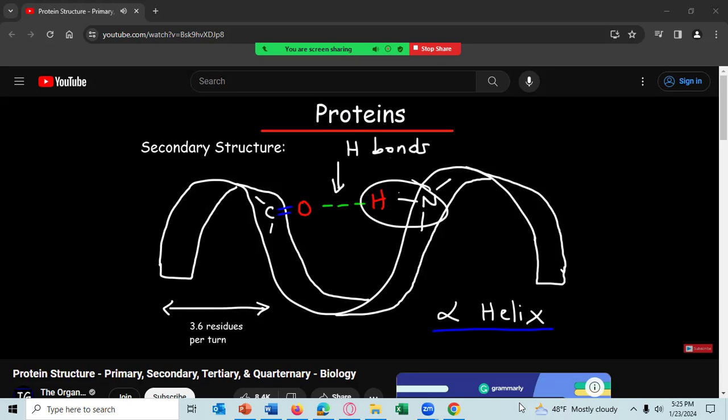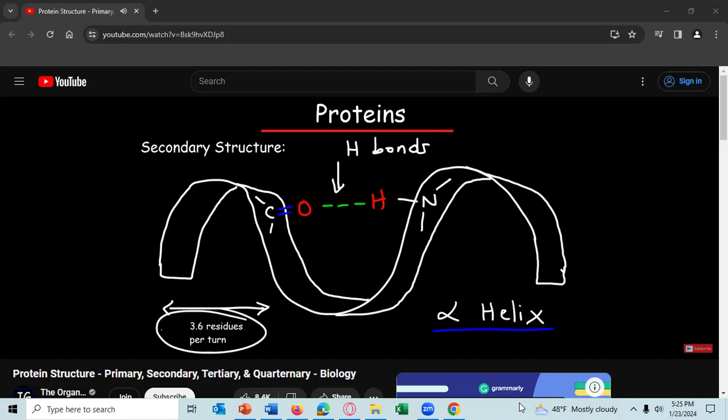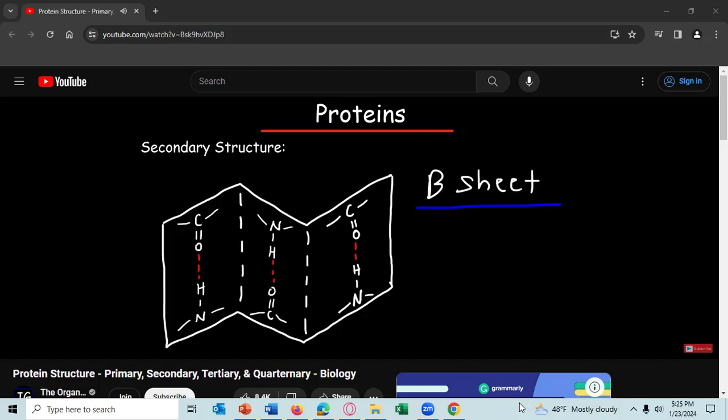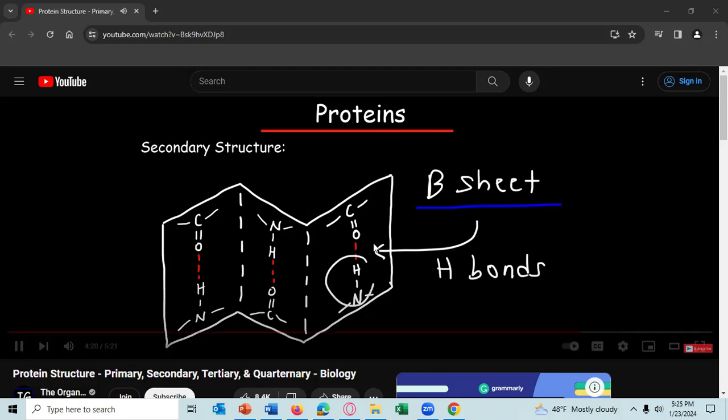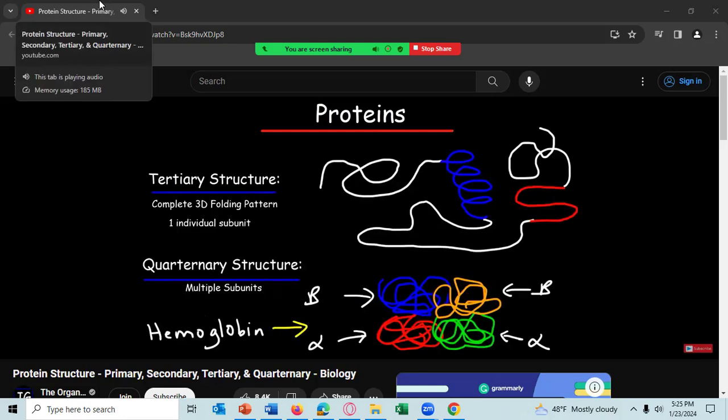The NH group of one amino acid interacts with the carbonyl group of another amino acid, and each turn contains about 3.6 amino acid residues. Now here is a visual illustration of the beta pleated sheet. Just like the alpha helix, it too is stabilized by hydrogen bonds between the carbonyl group of one amino acid and the NH group of another amino acid.